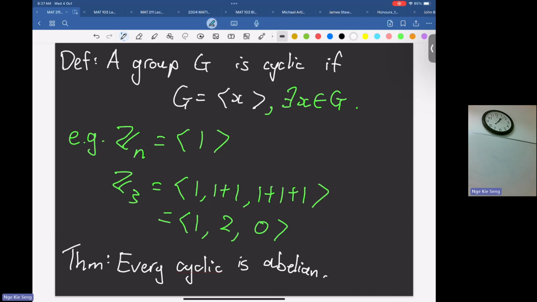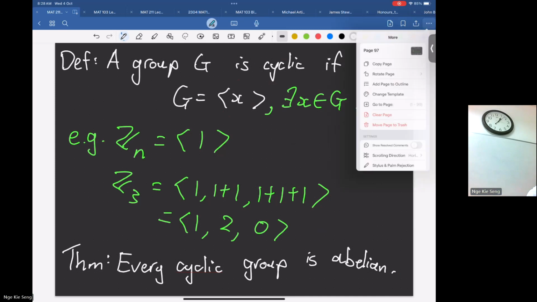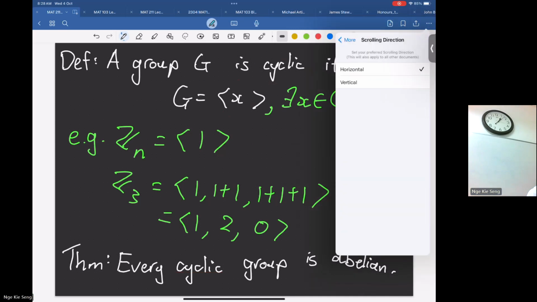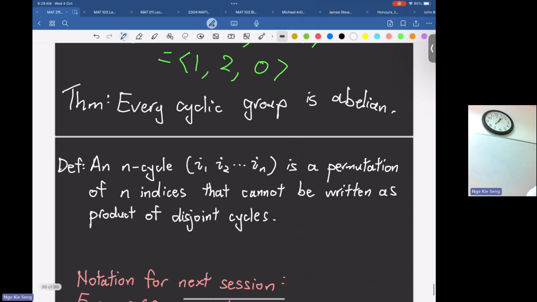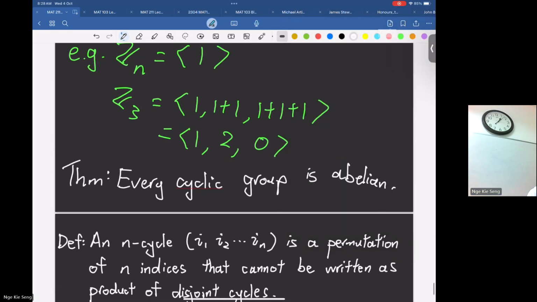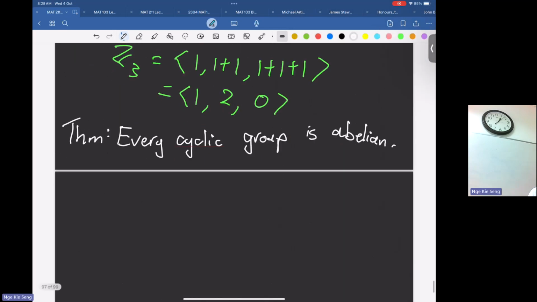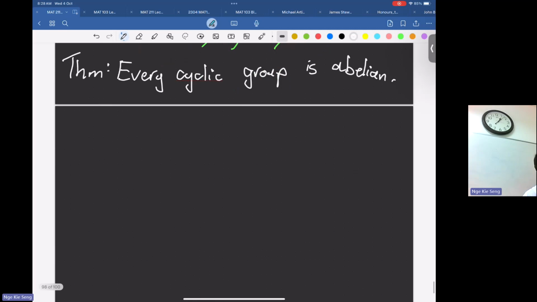So we can see that every cyclic group is abelian, but at first, what do we start with?